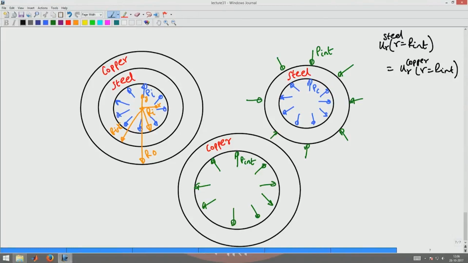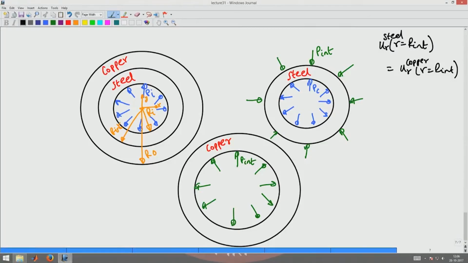Okay. That is because it is a perfect bonding between steel and copper, and there is no possibility of steel penetrating copper or steel opening up from the copper bonding. So, you have to have this condition that ur of steel and copper has to be the same.